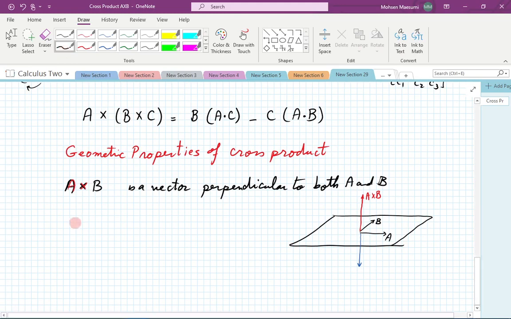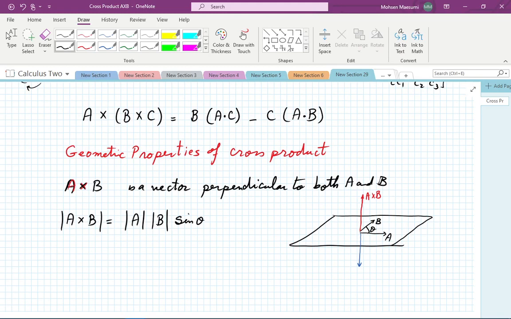Another thing about the cross product is that the length of A cross B is equal to the length of A times the length of B times the sine of the angle between the two of them, again this angle that we have here. That is also something that we can show by doing a little bit of algebra, and I'm going to leave it to you to read it in the textbook itself.